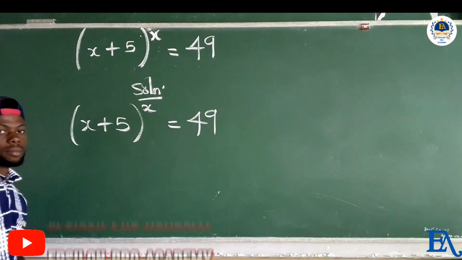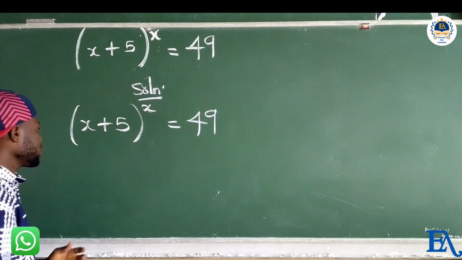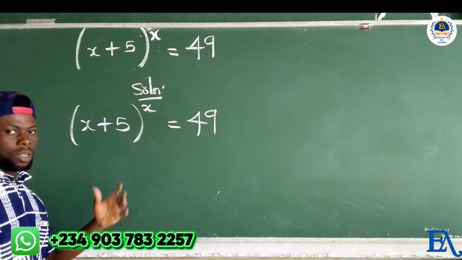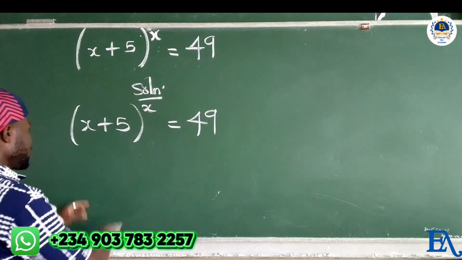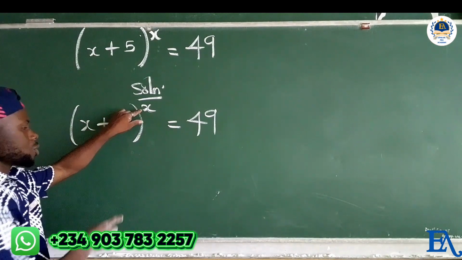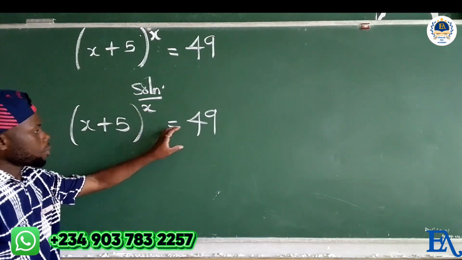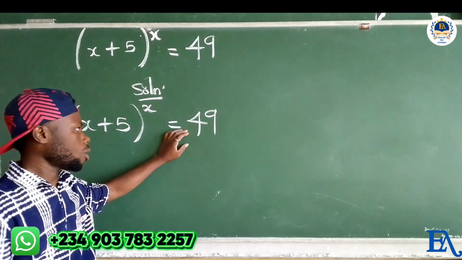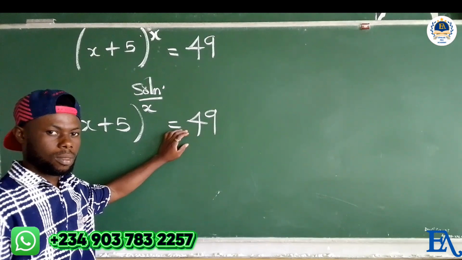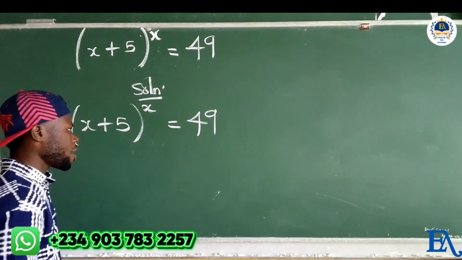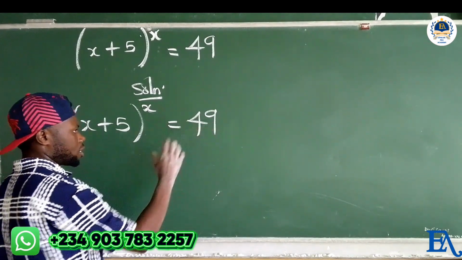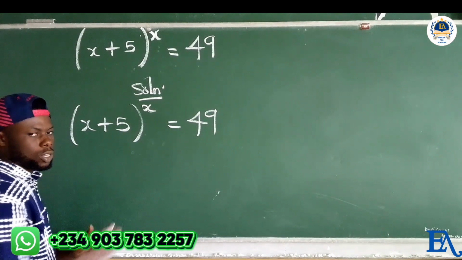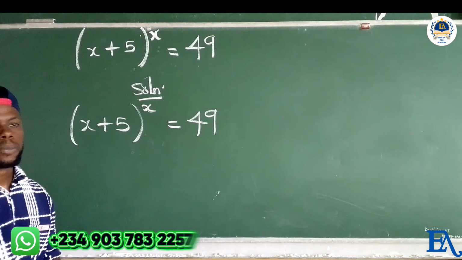Now you observe that the left hand side of the equation is written in exponential form. That is, this bracket is raised to a certain power. But the right hand side of the equation is not written in index form or exponential form. So that means we have to change this number into its index form, so the two sides of the equation can look the same.